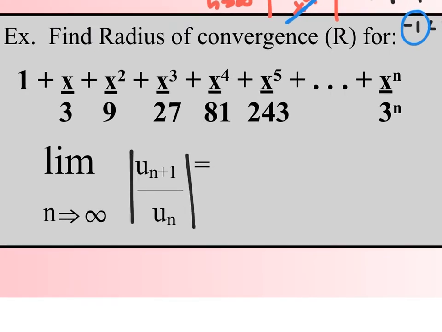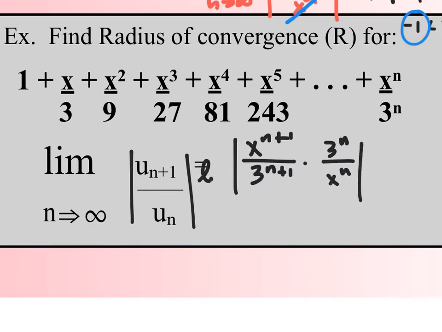Again, absolute value of u sub n plus 1 over u sub n. So if u sub n plus 1, instead of dividing by the other, I'm going to multiply by its reciprocal. And we take the limit as n goes to infinity of that. So this would reduce to, it looks like, x over 3.